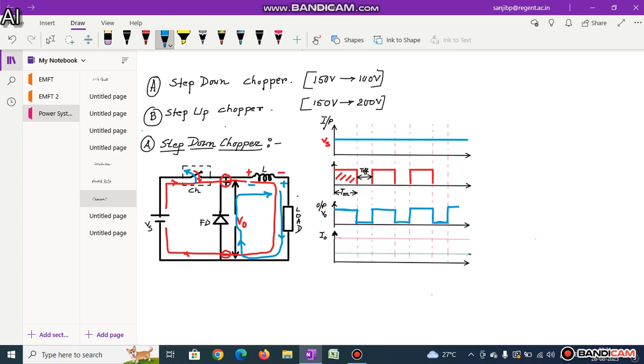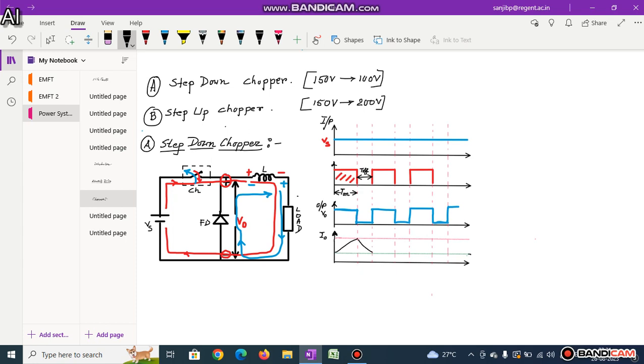Now, what will be the value of the current? We can use the black color. When the switch is on, the current will flow through this path, and that time the current will increase. Afterwards, when the switch is off, the current will flow through the diode, that means it will discharge.